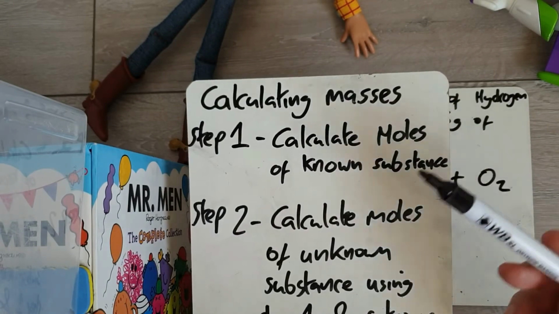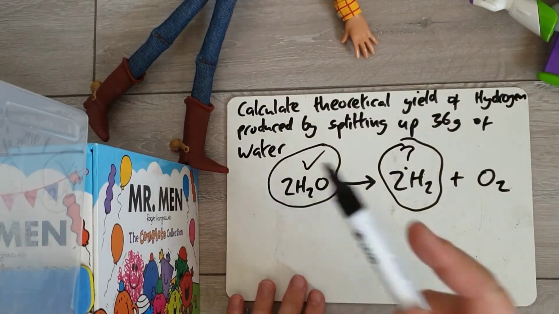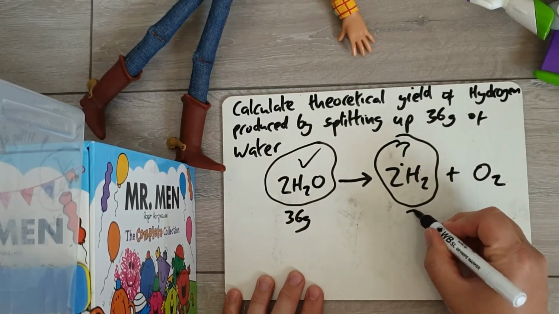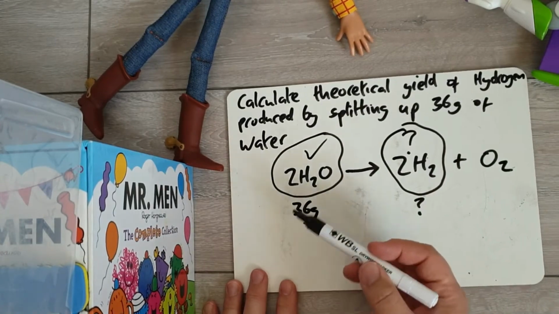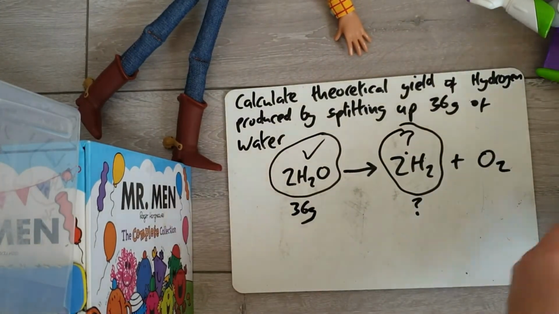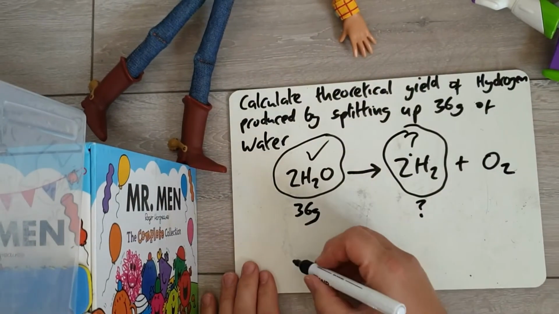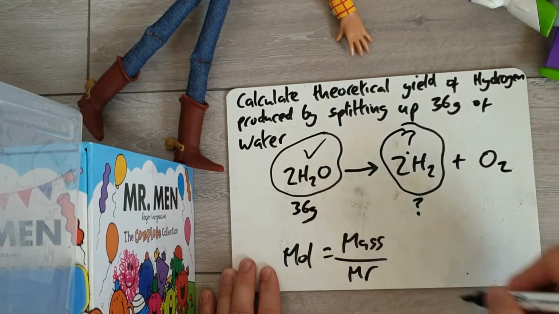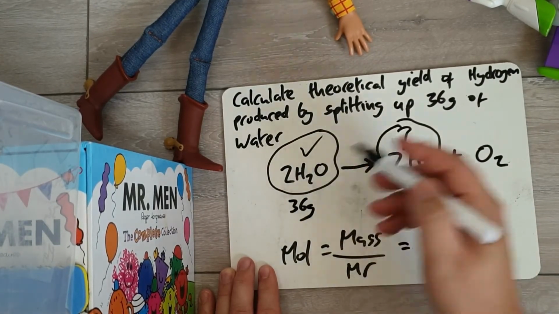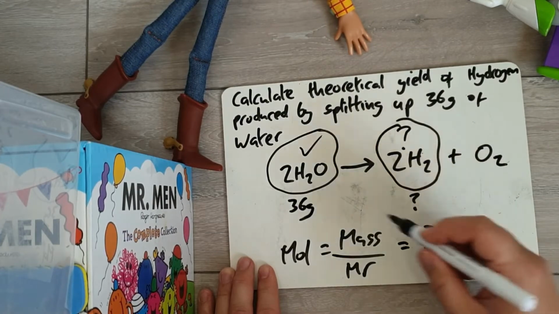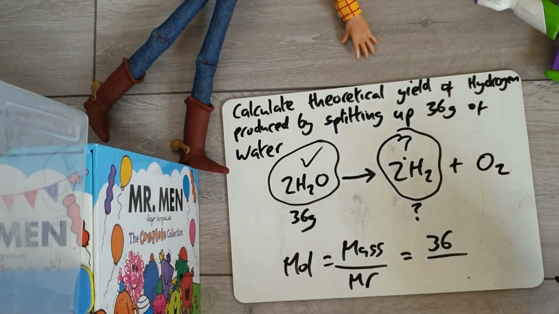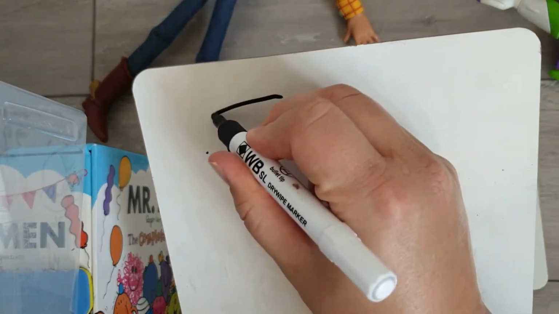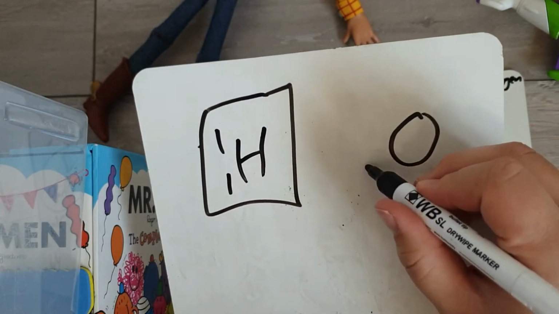Step 1, calculate the moles of the known substance. So they've told us that we have got 36 grams of water, and we need to work out how many grams of hydrogen we'll have. So that's the known one. Calculate the moles of known substance. Moles equals mass over Mr. The mass is 36 because it's in the question, and the Mr of H2O is, if you had a periodic table, you could see that.